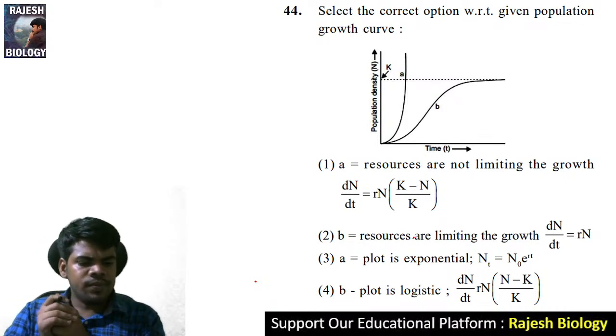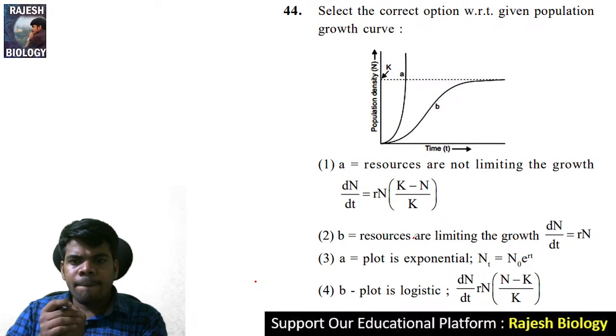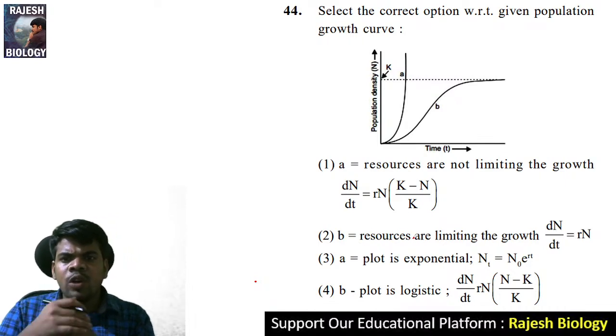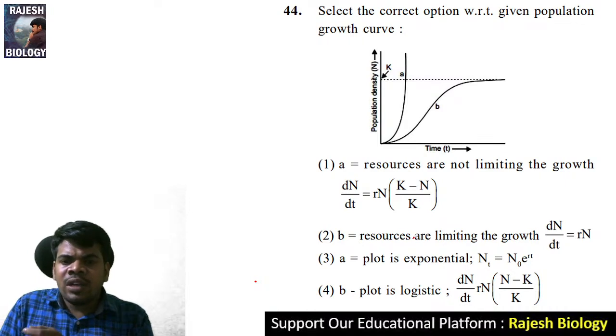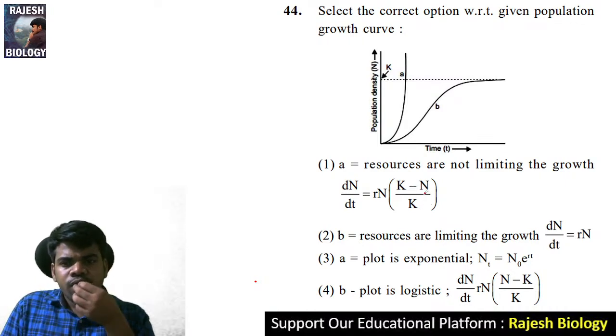Rup Mahesh, try to answer the question number 44. Here, A is equal to resources are not limiting in the growth, dN by dt is equal to rN. No, it is not correct. Actually, it is K and K minus N by K, which means it is logistic growth.